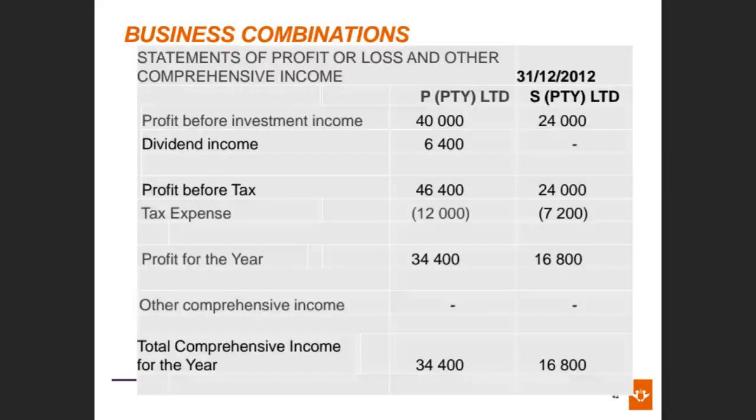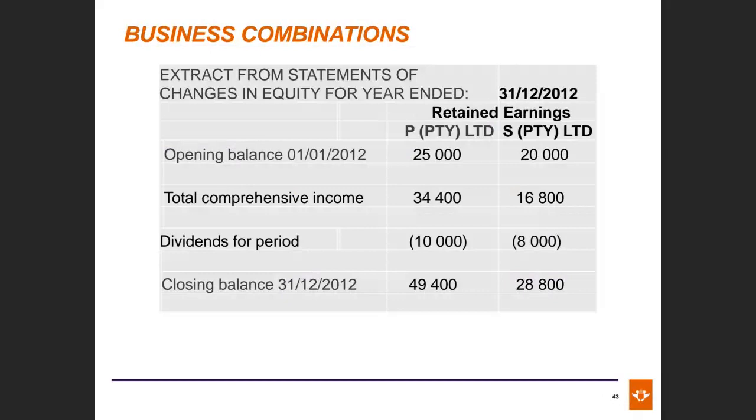So you need to think about who the shareholders are. Okay, so here, can you see this? Slide 43. Yes, ma'am. P Pty Limited is declaring dividends here of 10,000 Rand. S doesn't own anything in P.